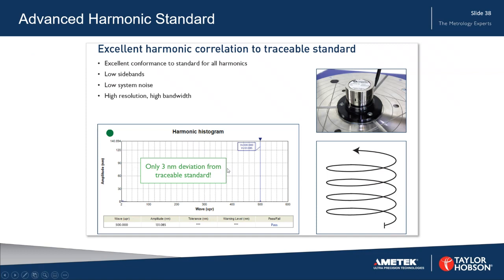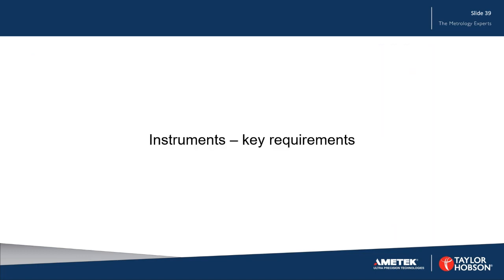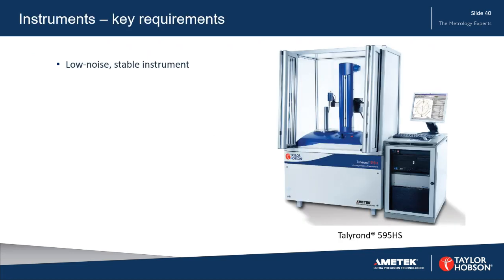So to be able to achieve this, we need certain characteristics on the instrument that we're using. So let's have a look at the key requirements for measuring harmonics precisely. We need a low noise, stable environment.